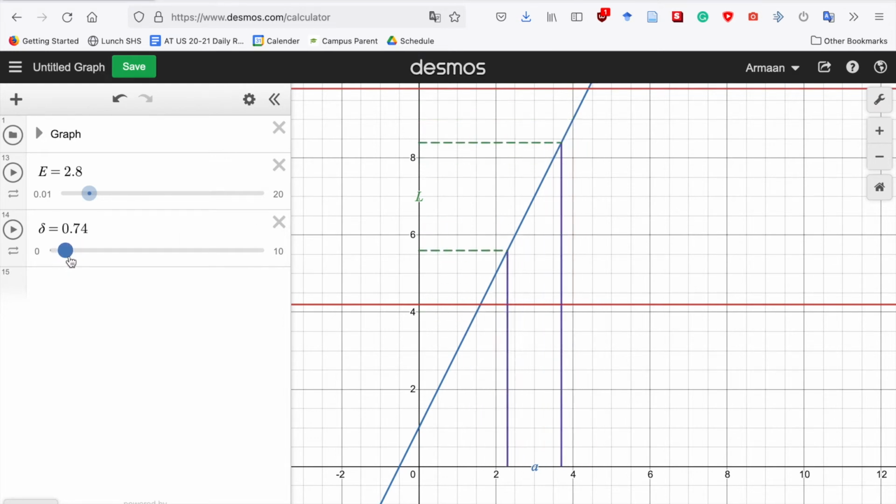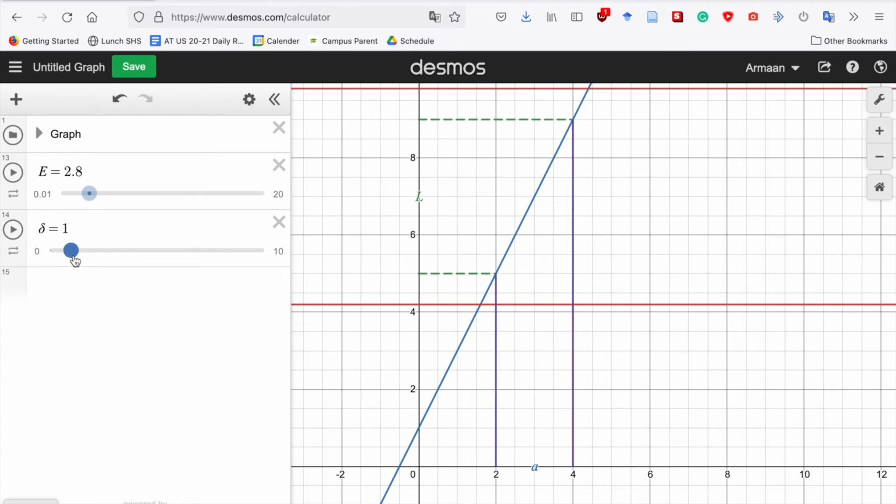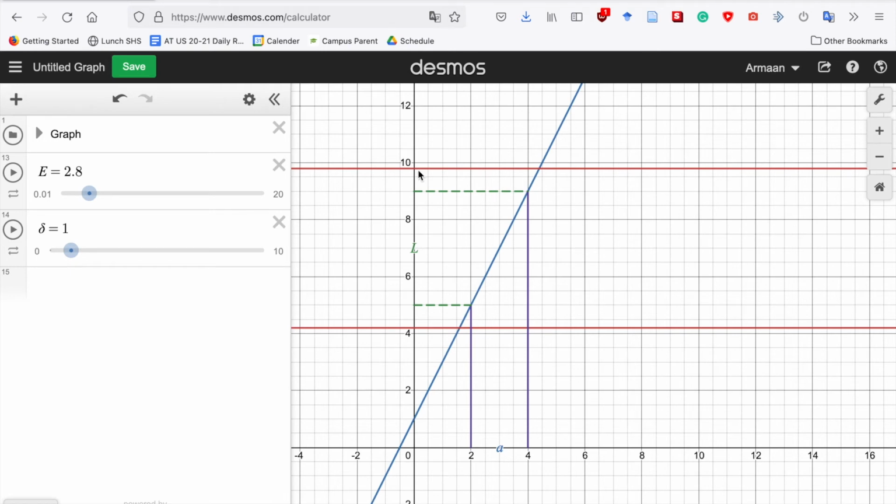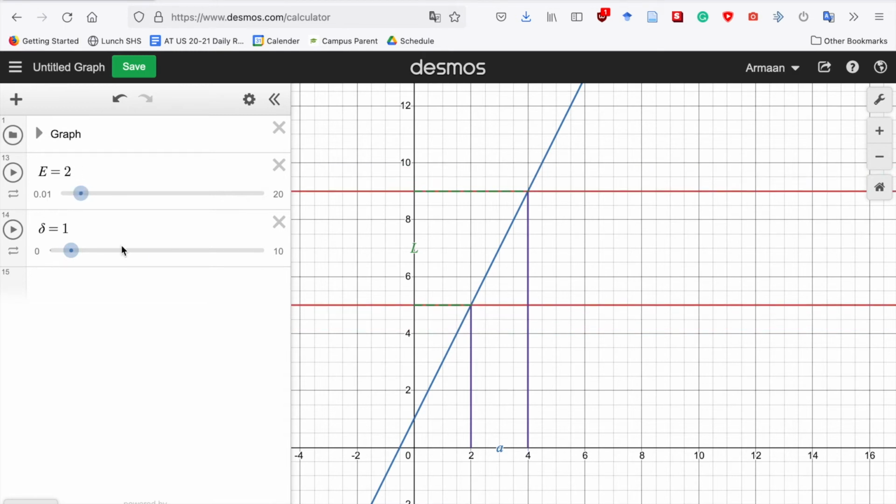So we see that if we set delta to a constant, like for example 1, this may work for epsilon equaling 2.8. We see that with this green boundary, the corresponding f of x values are always within the epsilon tolerance. However, I believe once we set epsilon less than 2, then it won't work.